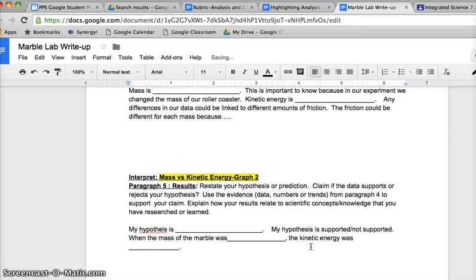and then talk, so that's the control. And then you're going to want to talk about when I increased the mass to whatever the acrylic marble is, then the kinetic energy increased.